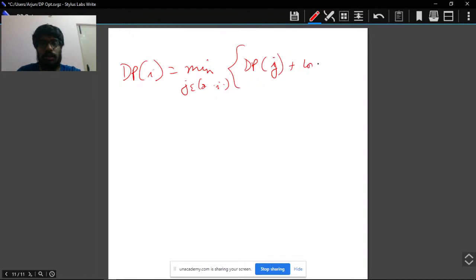So it's min over j in 0 to i minus 1 of dp j plus the cost of j plus 1 to i. The naive cost is the finishing time of all this into the cost factor of all these guys.